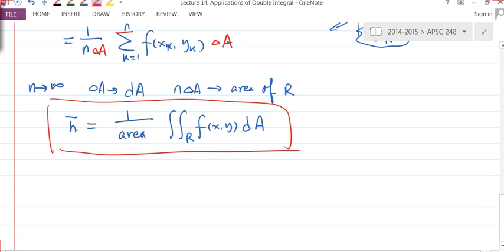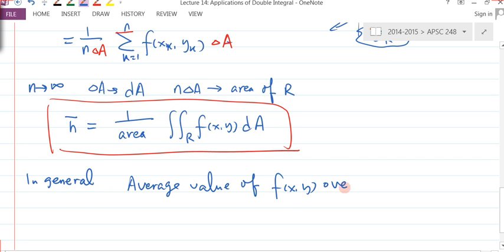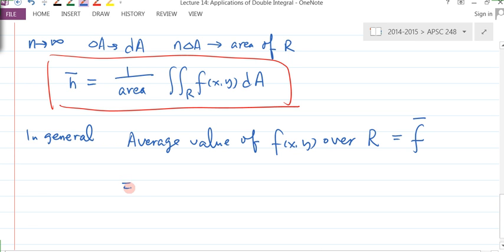But in general, what we call the average value of function f over this R, maybe I'll let it equal f bar, equals the formula that we just derived here: 1 over the area times the double integral. That's the average concept.